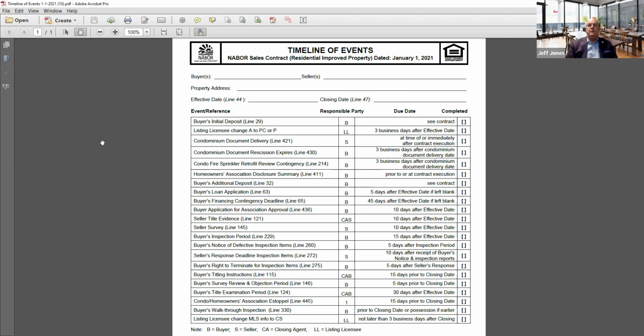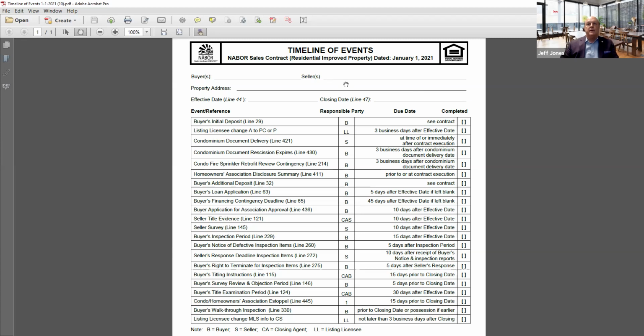The first thing you want to do when you get a property under contract, the buyer or seller, is to take a list. Start with the very start, the glossary here. There's listing license, seller.